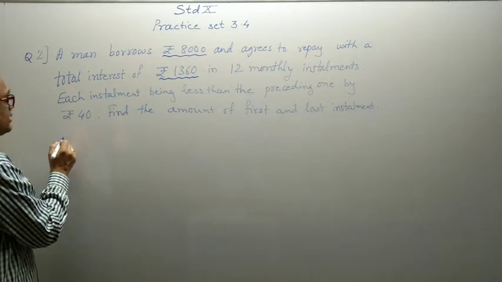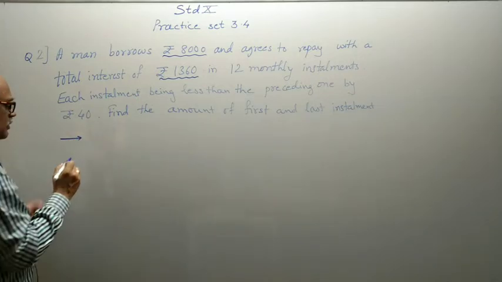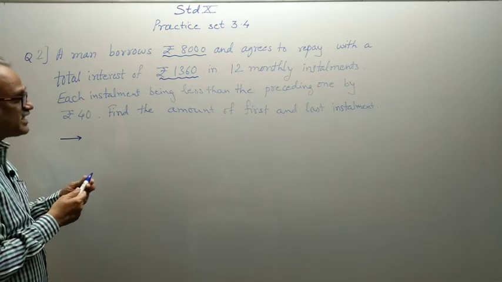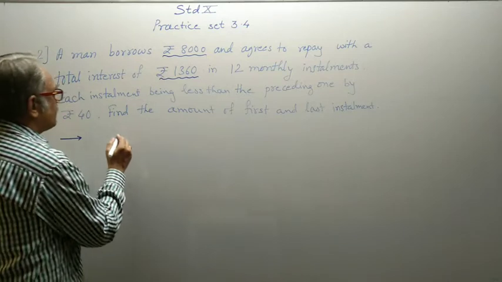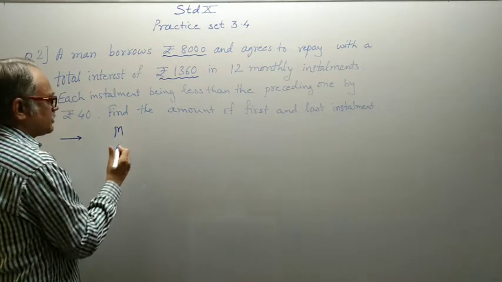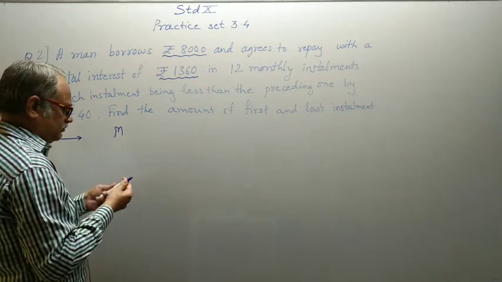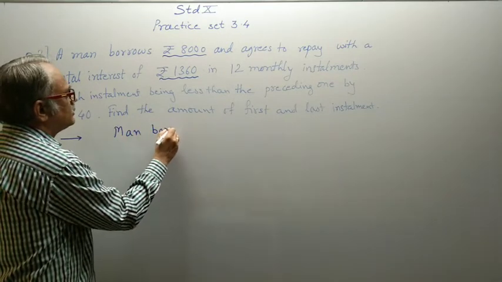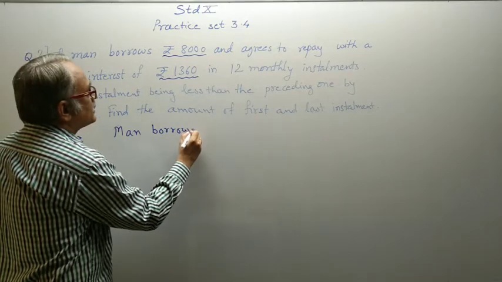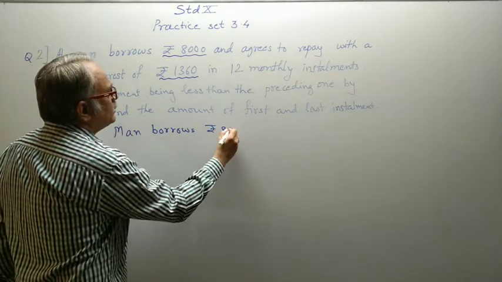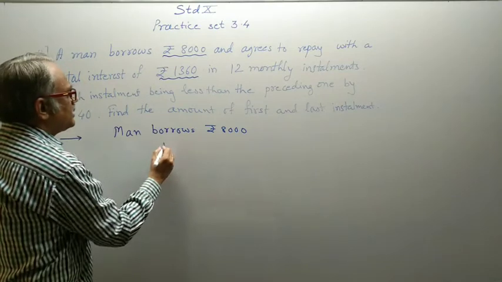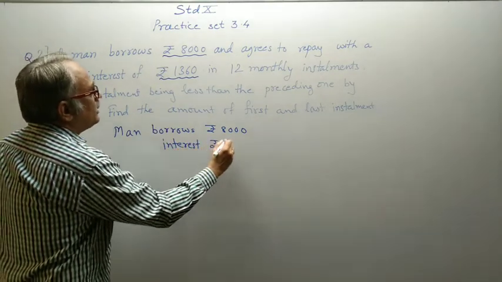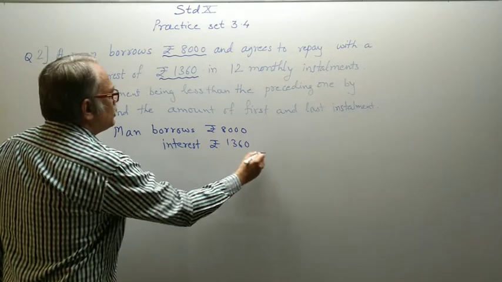So what is this 8,000 and 1360? That is total amount he has to pay back. It is SN. So man borrows rupees 8,000. Interest he agreed to pay rupees 1360.